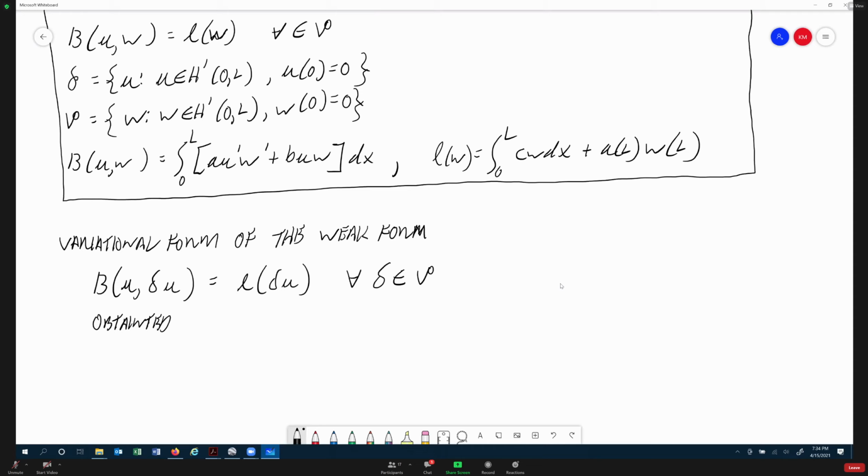Obtained by delta variation equals 0 for our variational displacement, being the potential energy.